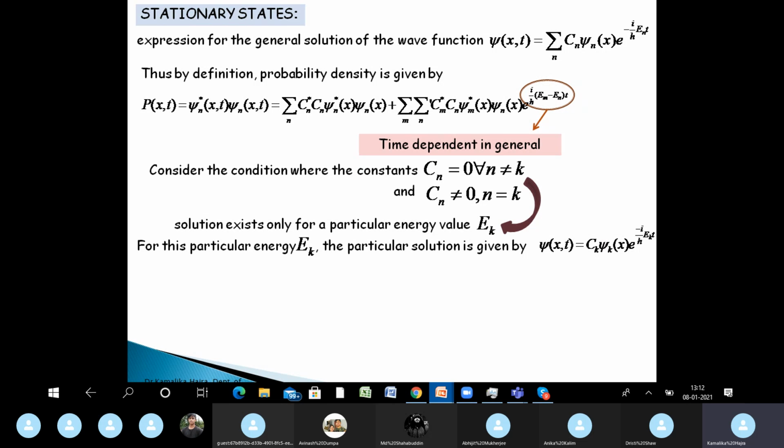So for this particular energy k, the particular solution is given by this. Instead of summation, the summation was for all n. Now we know that the solution exists only for one n which is equal to k. So we do away with the summation sign and we write psi is equal to ck psi k e to the power minus i by h cut Ek t.